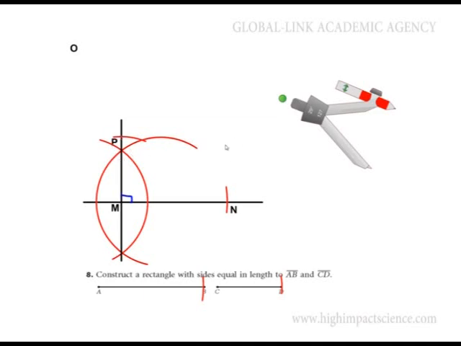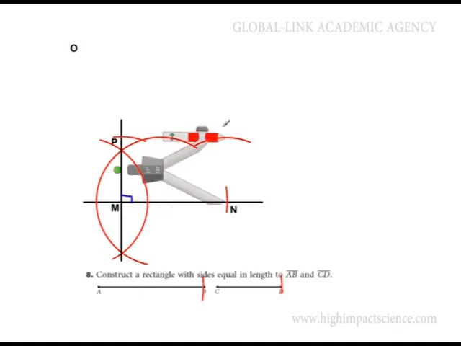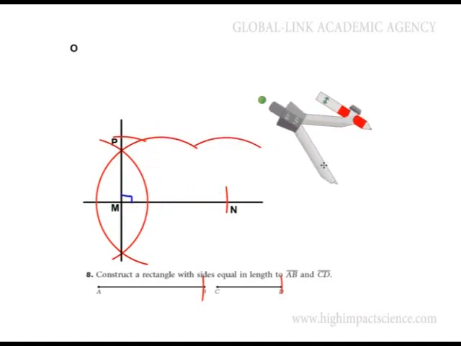Again, PO is equal to MN. And again, PM equals NO. So I don't need to construct a perpendicular. From N, mark an arc the same radius as PM. So O is somewhere on that arc.